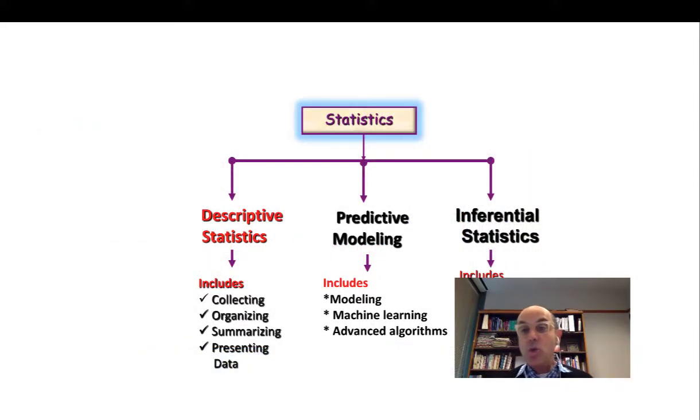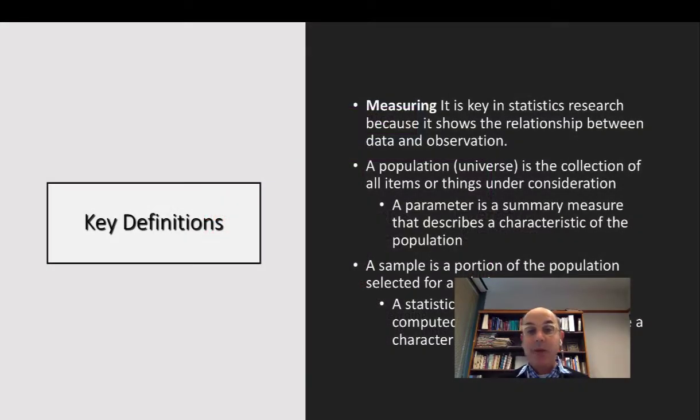So again, each one of them has different characteristics and different procedures in order for us to make it happen. But the thing that I want you to remember is that we have definitions that everyone has to understand in order for us to have a conversation.